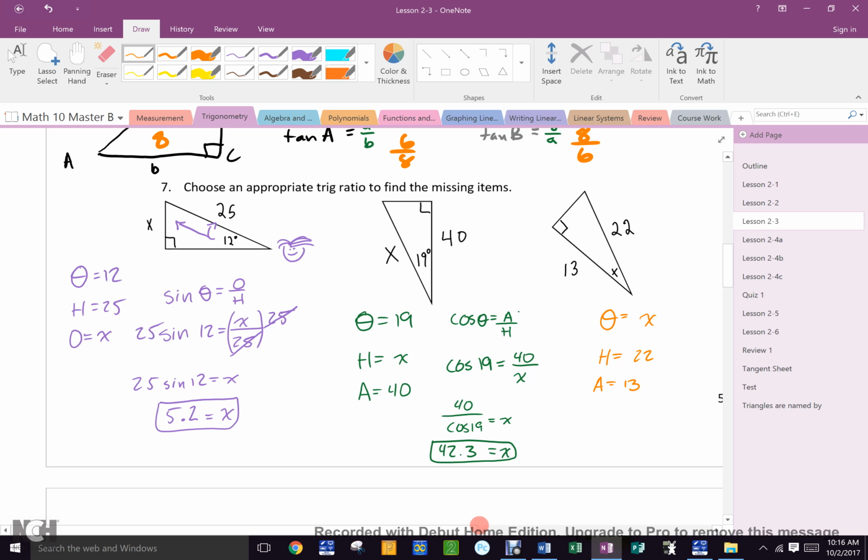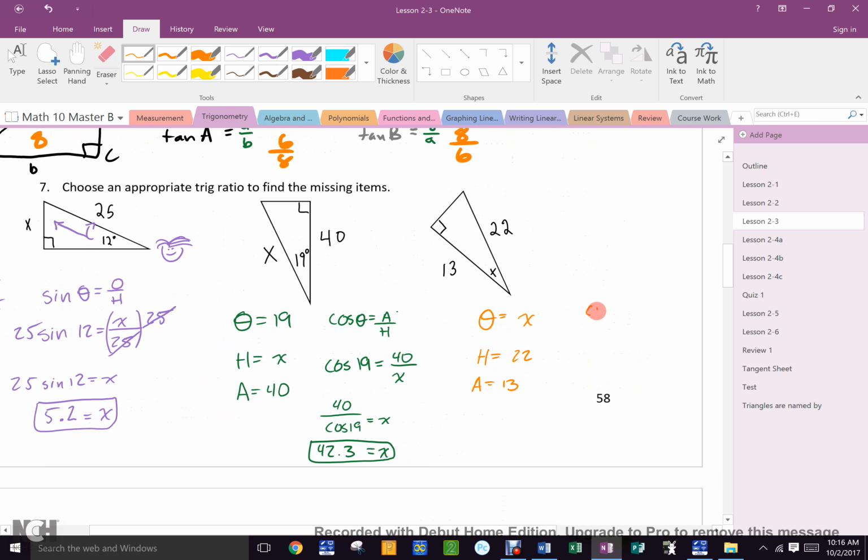What uses A and H? We know it to be cos, but this question is different. Why? Because I'm looking for an angle, so it must be shift cos. Shift cos of theta equals 13 over 22. Make your calculator do that.